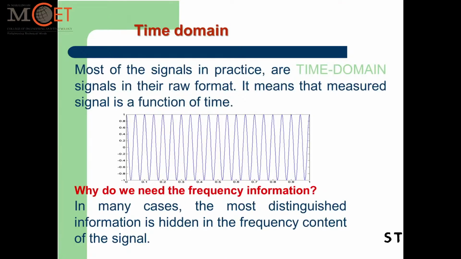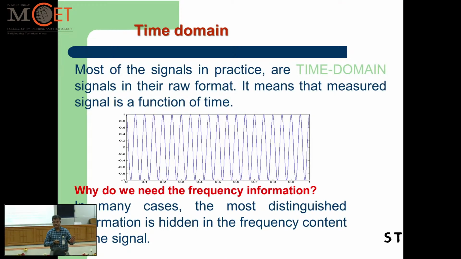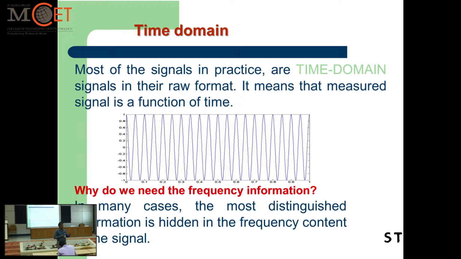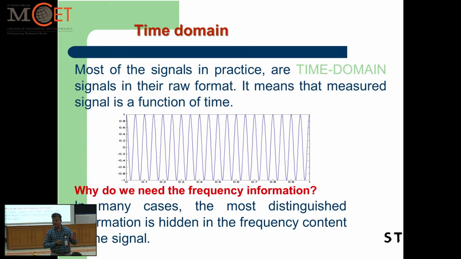So let us come to the point. Now this is your sine wave, right? Suppose I determine the frequency is 10 Hz. First cycle is 10 Hz, second cycle 10 Hz, third cycle 10 Hz, last cycle also 10 Hz. That means the frequency is not changing with respect to time.